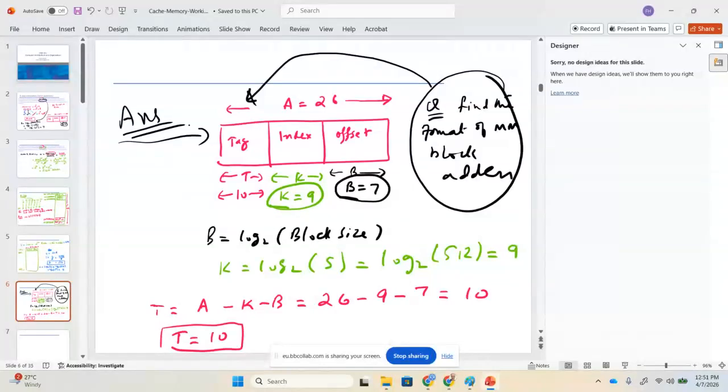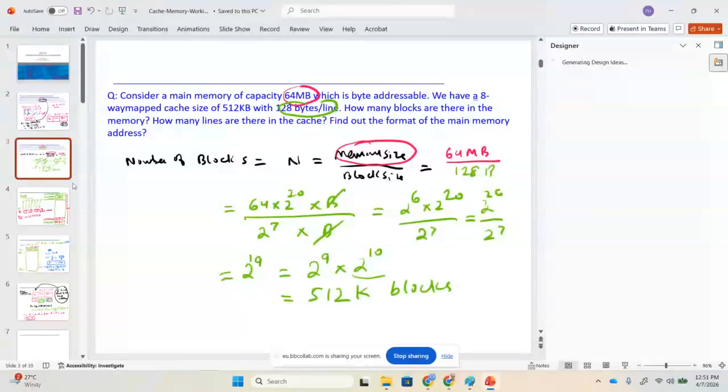Clear. Okay. Now, how many main memory blocks are there in the main memory? Please remember, 512K blocks.